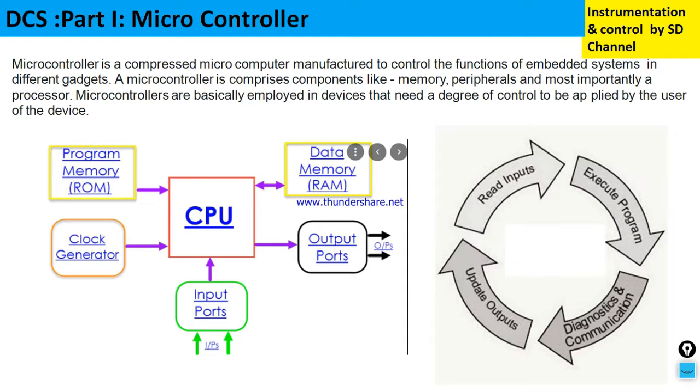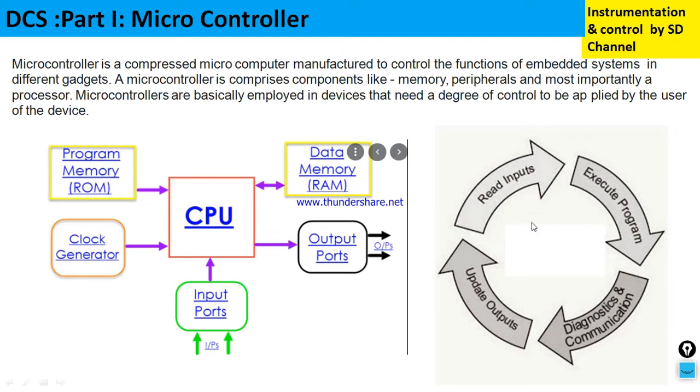The memory part is the ROM and RAM, and another part is the input output peripheral, the I/O peripheral. Input output means taking the input from the field and giving the output to the field, depending on your program.